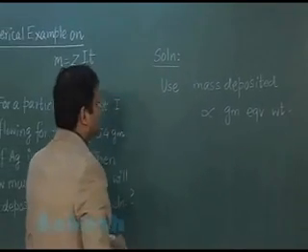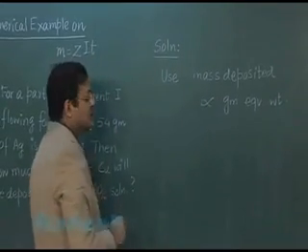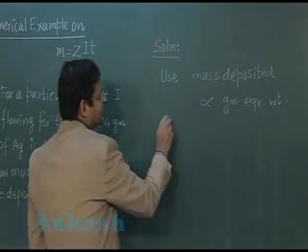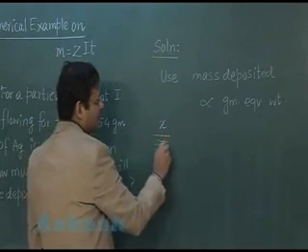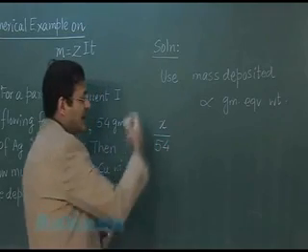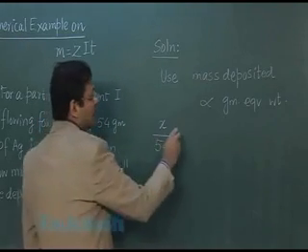Let us suppose the mass deposited for copper is X and for silver it is 54. Then I have written X by 54.